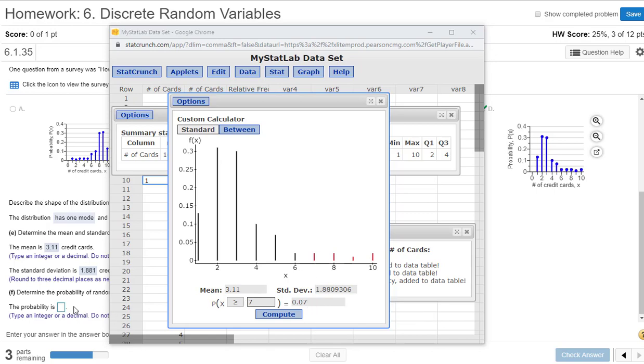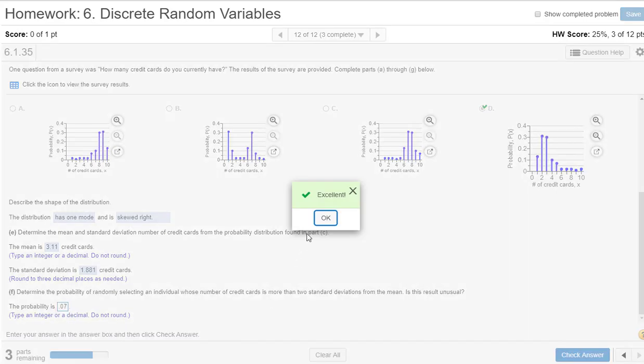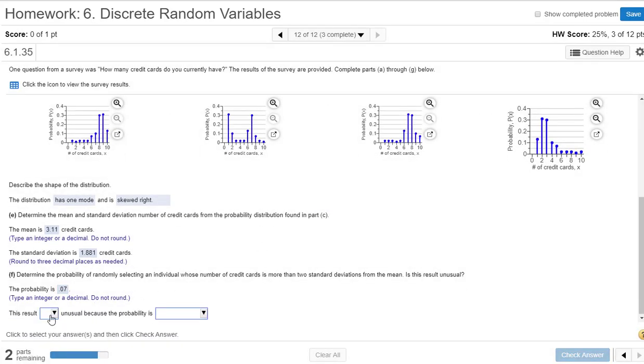Either way is fine. So is the result unusual or not? Remember, our general cut score at this point is 0.05. If it's less than 0.05, we say that's unusual. We had to come up with some number, and for now, that's what we're calling our threshold at 0.05. So it's not unusual because the probability is actually greater than 0.05.